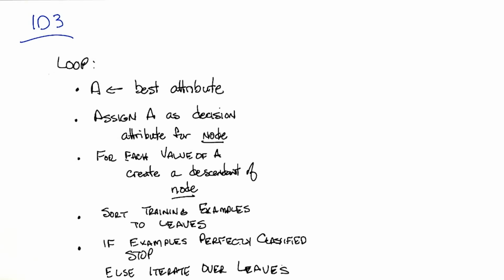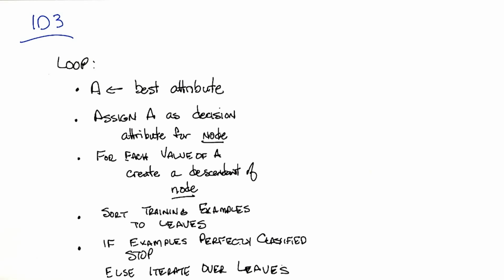You're simply going to keep looping forever until you've solved the problem. At each step, you're going to pick the best attribute, and we're going to define what we mean by best, or a couple of different ways we might define best, in a moment. Then given the best attribute that splits the data the way that we want, assign that as the decision attribute for the node.